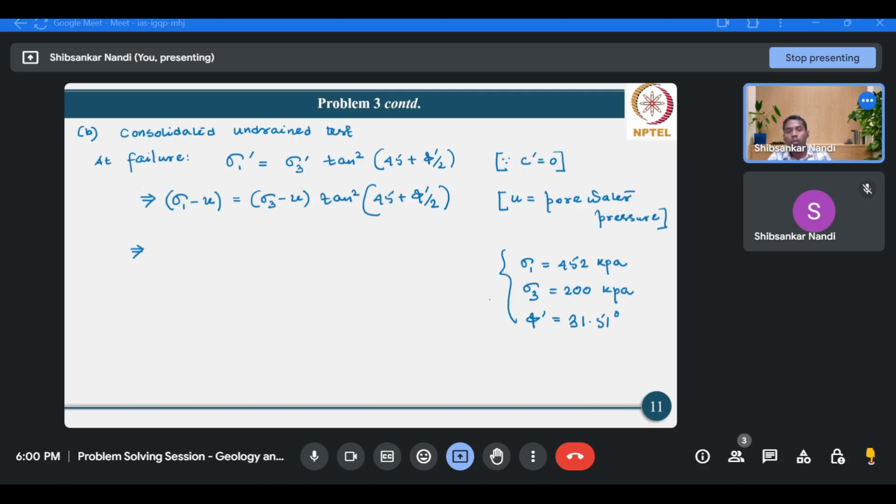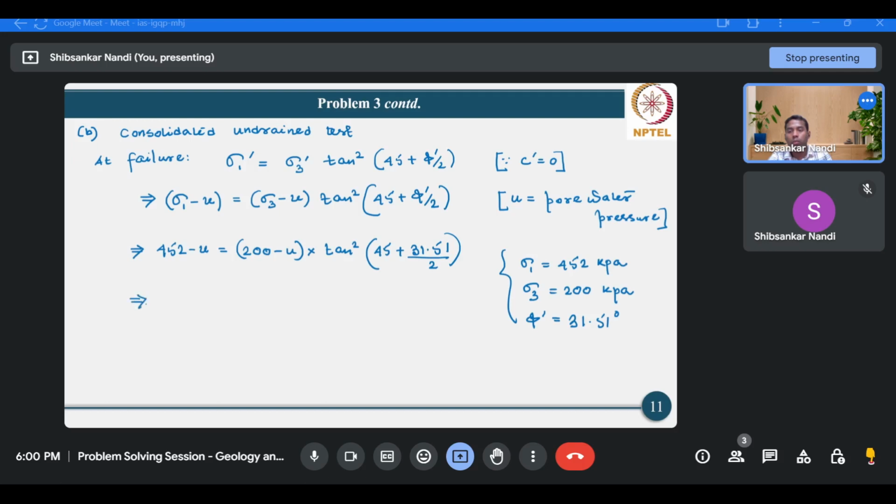Now if we substitute these values in this expression, it would be 452 minus u equals 200 minus u multiplied by tan square 45 plus 31.51 by 2.